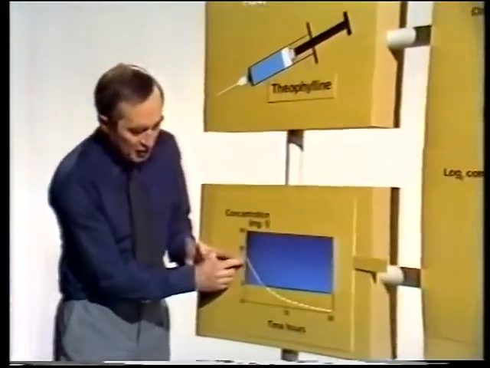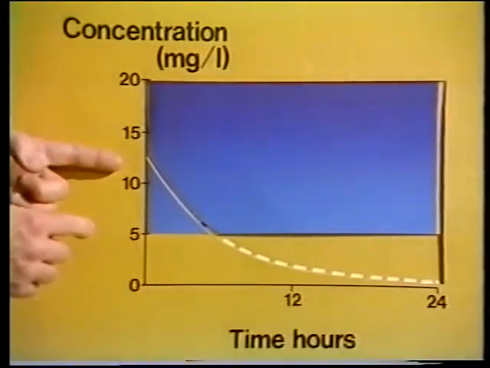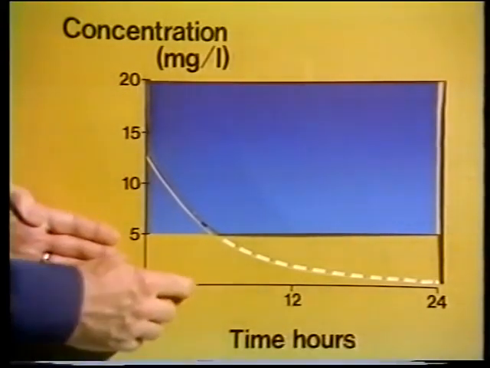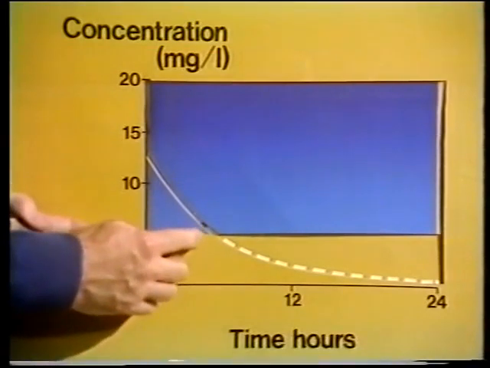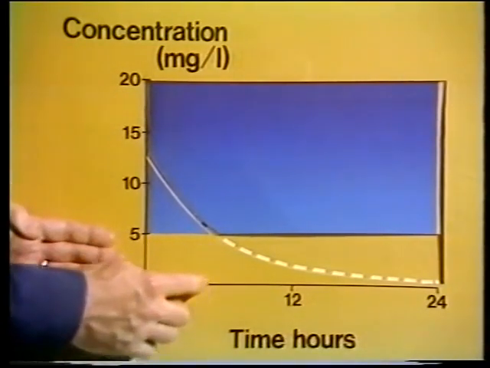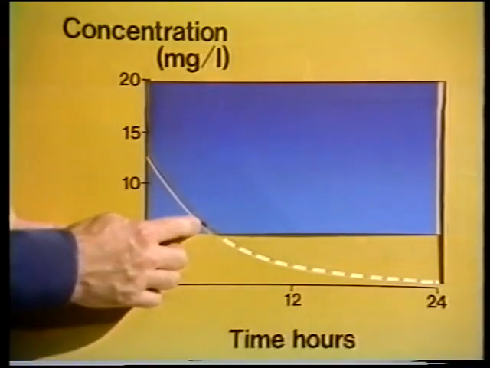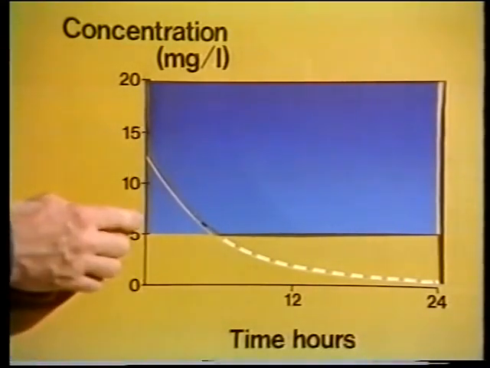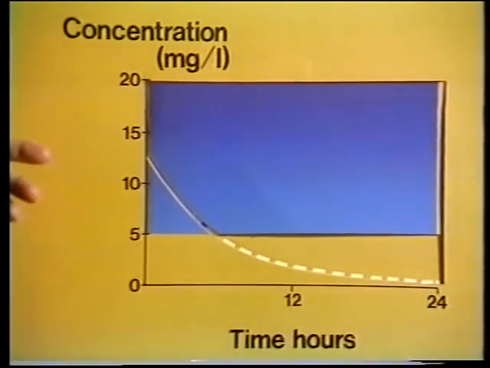It in fact decreases like this. And you notice that after a comparatively short time, it's beginning to move out of the therapeutic range. In fact, after about 4 hours, a concentration of 12 is reduced to 6. About half the drug is gone. In the terminology of radioactive decay, this is the half-life of the drug.